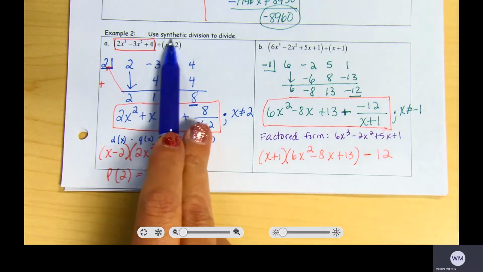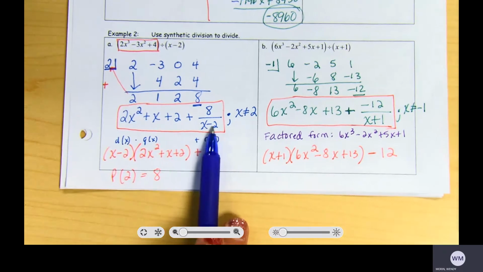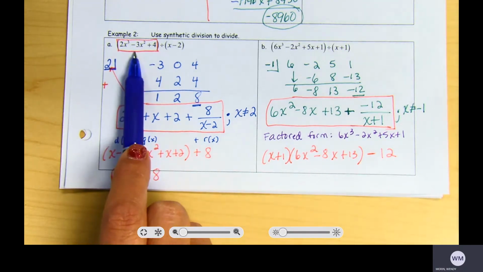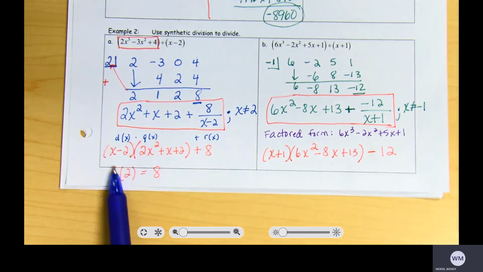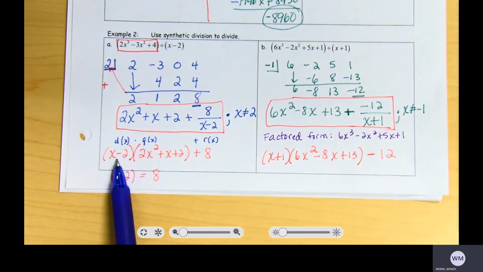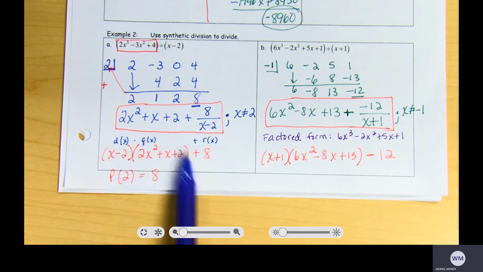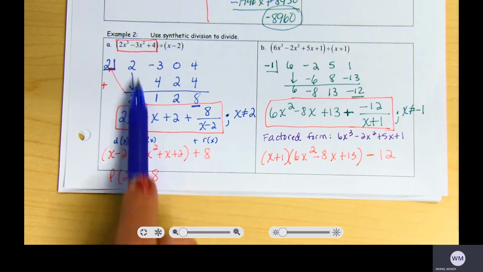So this divided into this gives you this polynomial. What is the factor form of this given polynomial here? That might be a question. Well, you take your divisor times your answer, plus the remainder. This is the factor form of that.